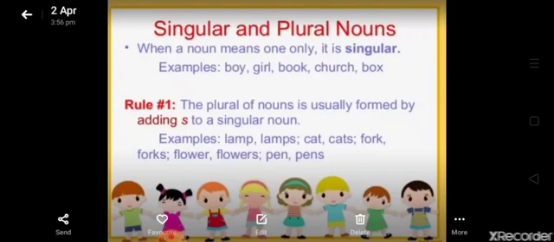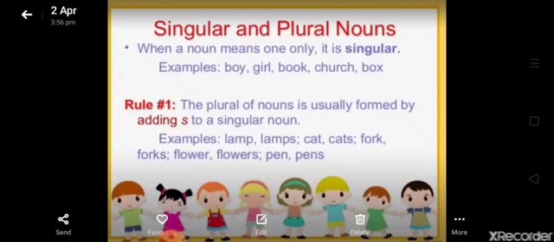By adding s, we can make any person or place plural. Example: lamp, lamps; cat, cats; folk, folks; flower, flowers; pen, pens.